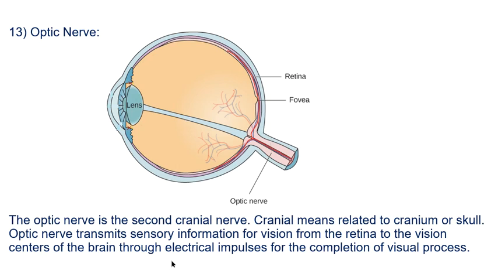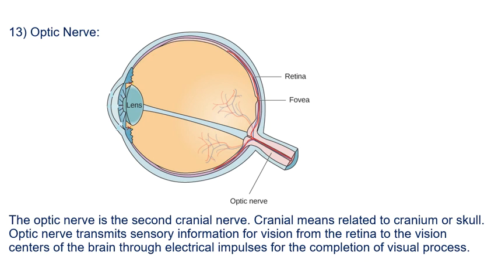Now for this term electrical impulse, I want to explain something. As I told you previously, nerve cells are neurons. Neurons are the cells which can transmit electrical signals through them.